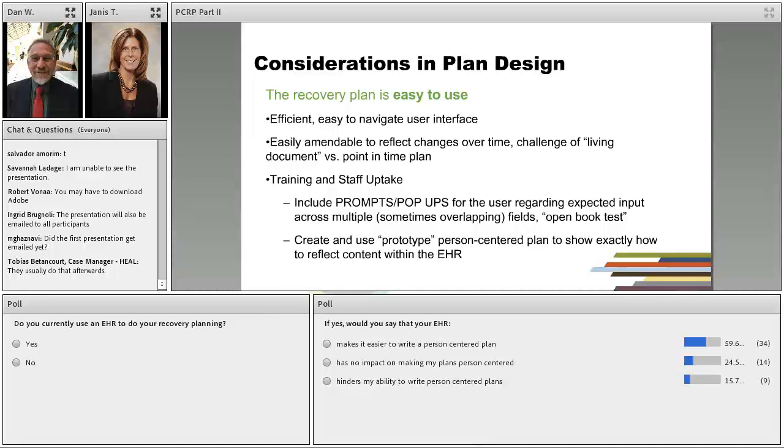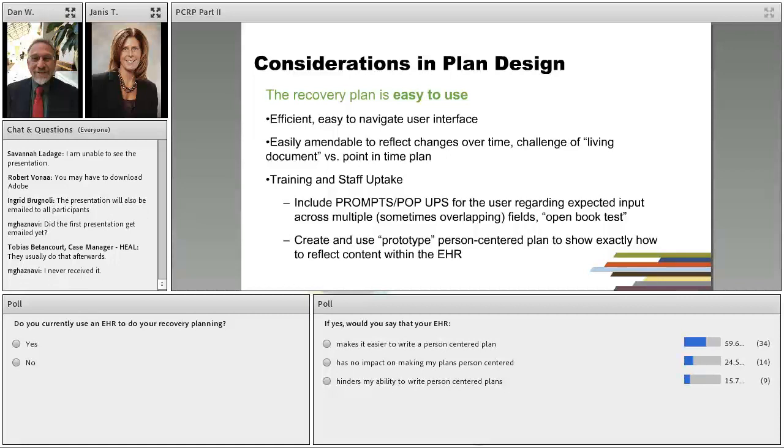Depending on which one you have, there are certain things that you can probably change at your level, and then there are other things that you may have to go to your vendor to have them program in, which both from a time perspective and a cost perspective makes it much more difficult. So things tend to be more locked in the electronic health record than they were in old paper systems.